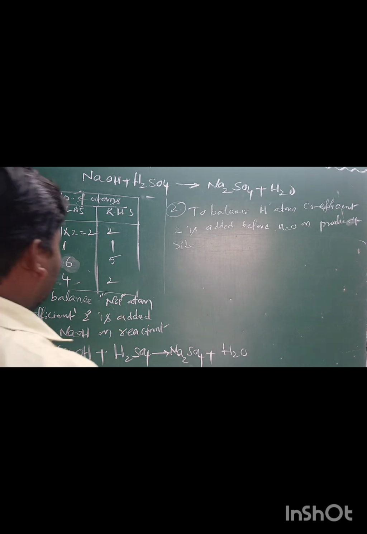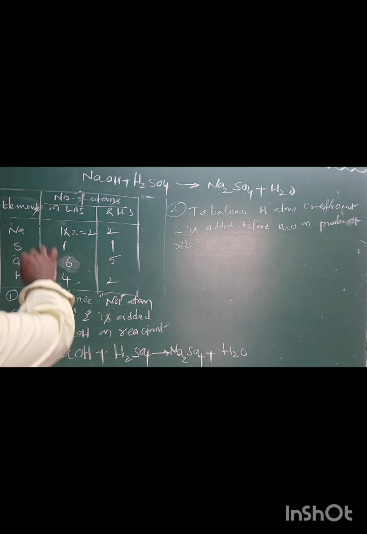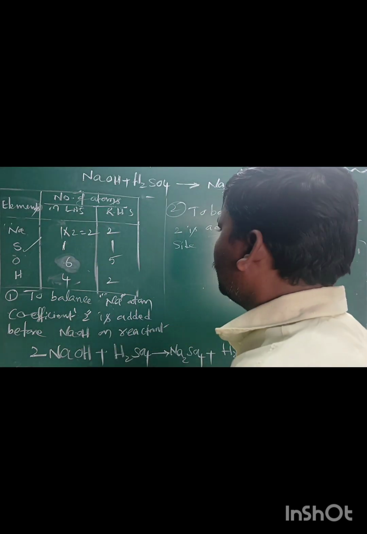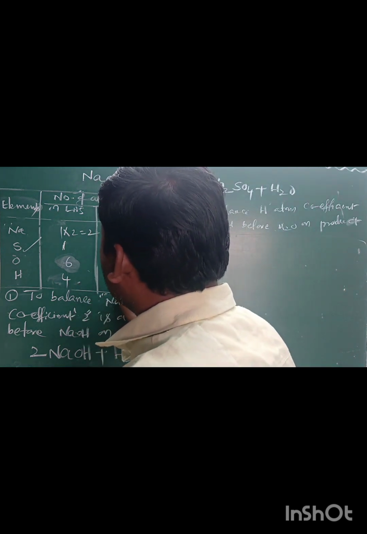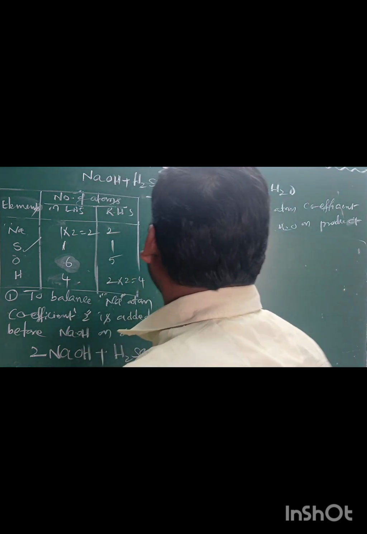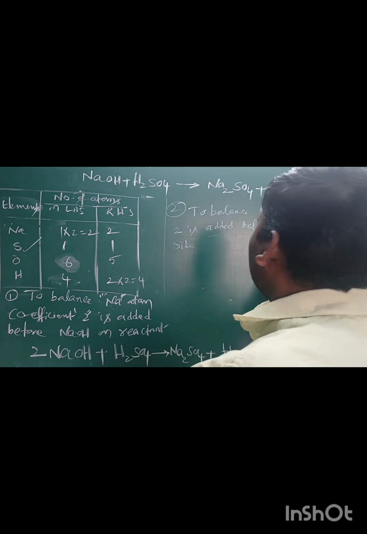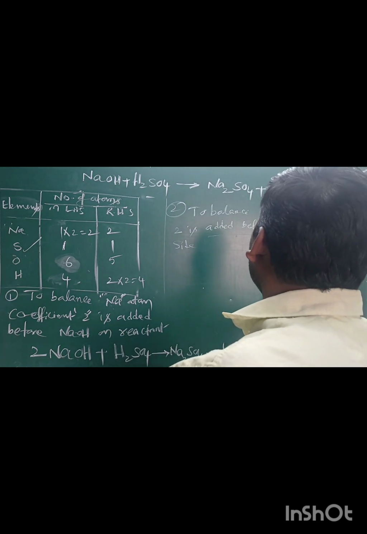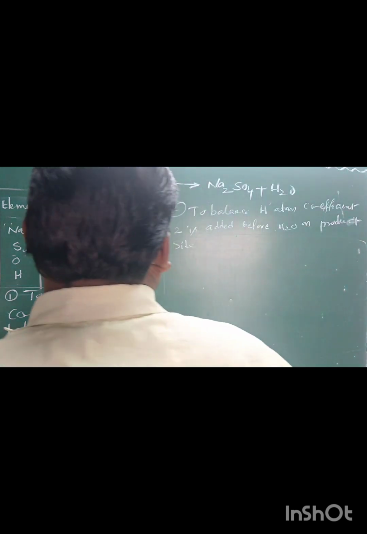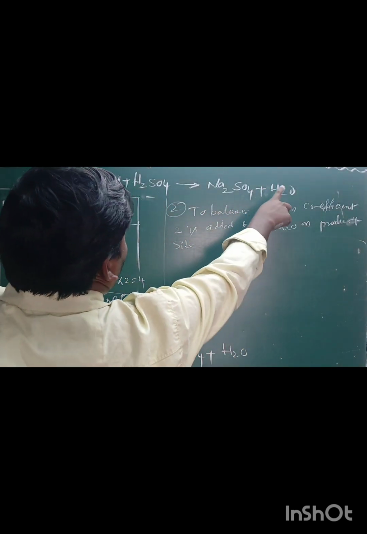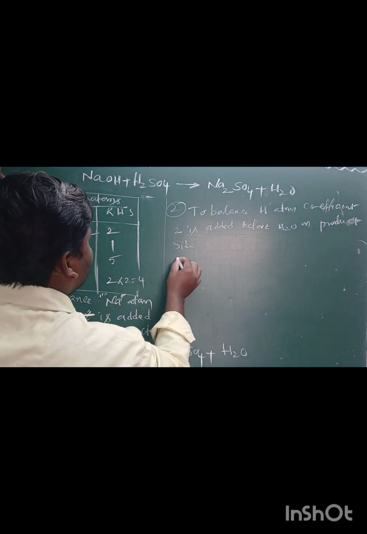Step 2. Now I am balancing here. Sulfur is already balanced. Now balance the hydrogen atoms. To balance the hydrogen atom, here how many is there? 4 is there. Okay, that's why to balance the hydrogen atom, coefficient 2 is added before the water molecule on the product side. Product side means this here, we will keep here 2.